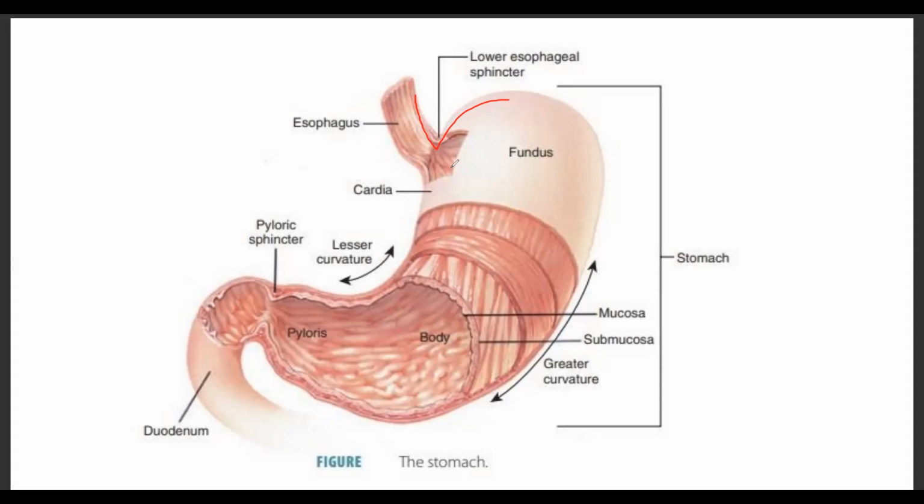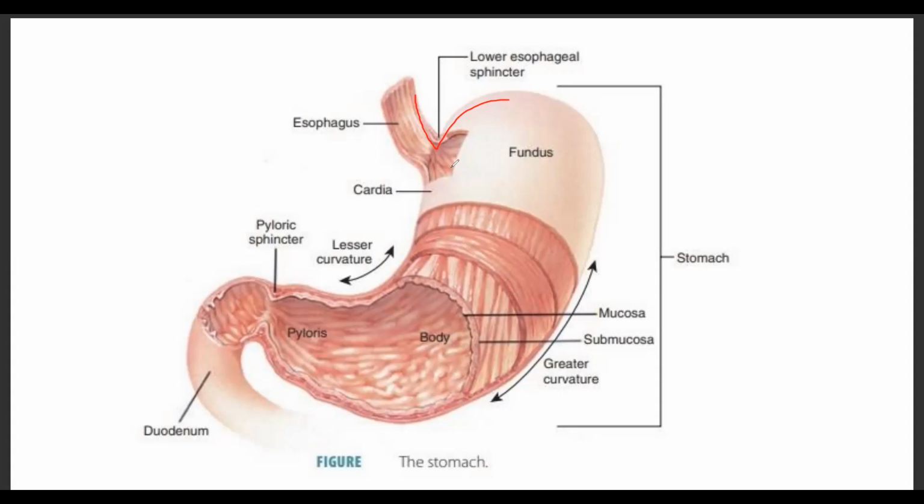Where the esophagus connects with the fundus, there is an acute angle, which prevents backflow of food. The sphincter at the junction between the esophagus and the stomach is called the cardiac sphincter, and the other is the pyloric sphincter. These are made up of circular smooth muscles, and they help to regulate the passage of materials between the organs.